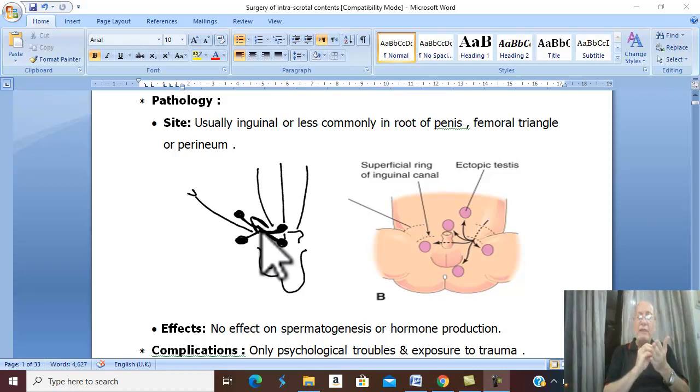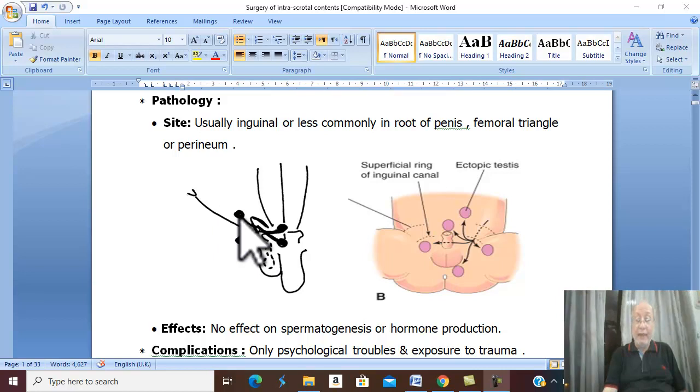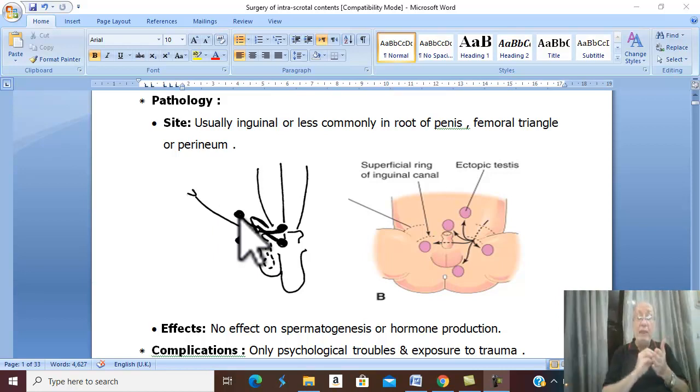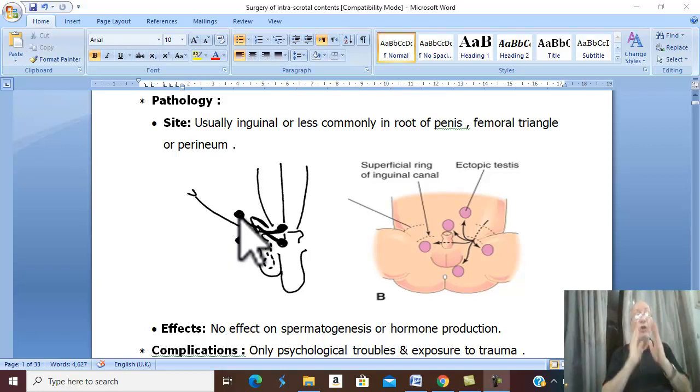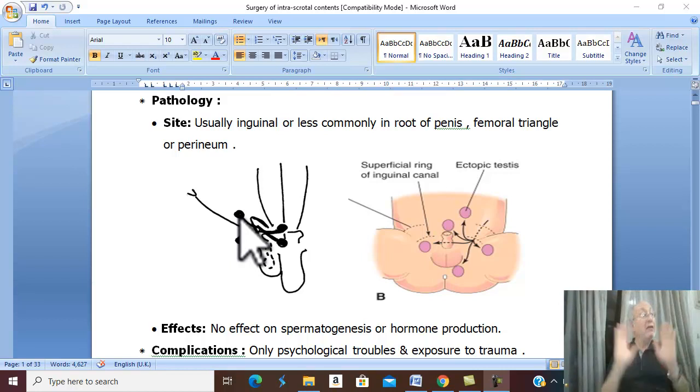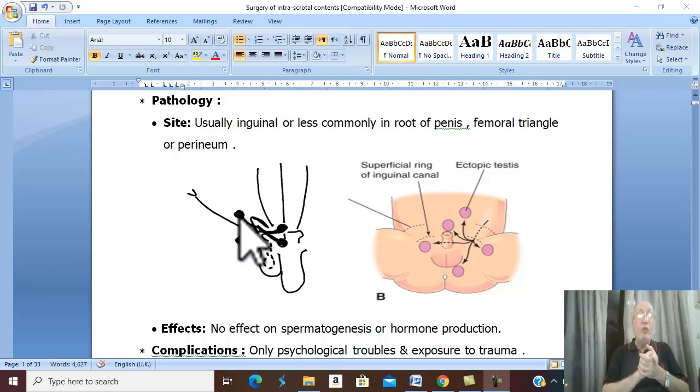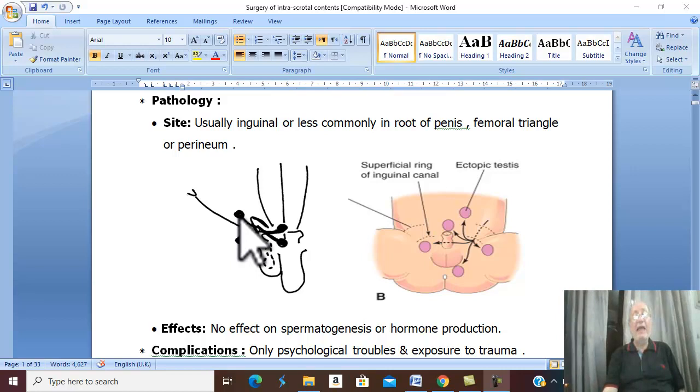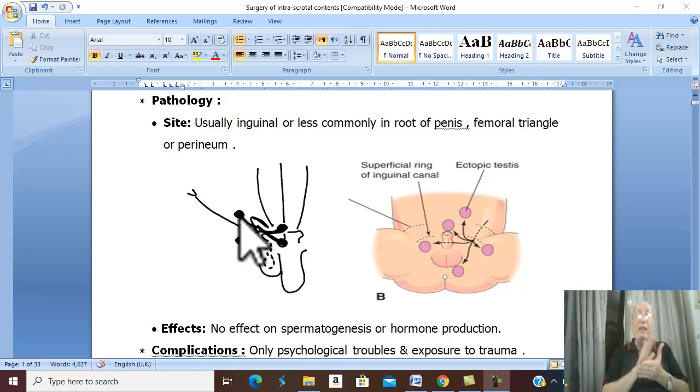Now, what is the differential diagnosis between inguinal ectopic testis and inguinal undescended testis? Both are inguinal, but the ectopic testis is in the subcutaneous tissue of the inguinal region, while the inguinal undescended testis is inside the inguinal canal.